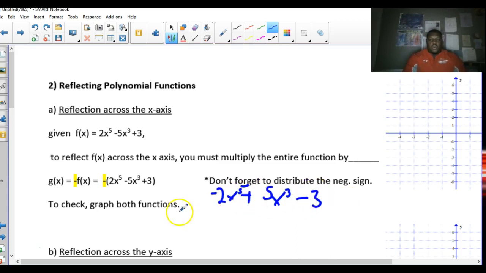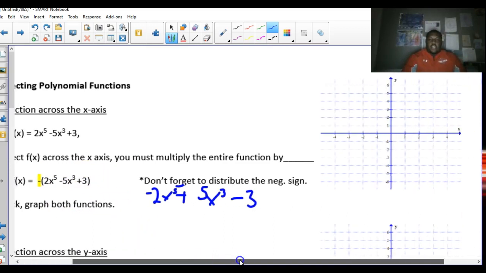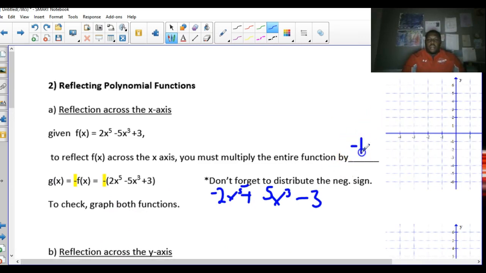That would be your equation if you distributed. Then you can sketch both of these in your calculator. Again, put the negative 1 out front, or just a negative, since negative 1 and negative are the same thing because there is an implied 1. You would graph both of these in your calculator to see the difference.